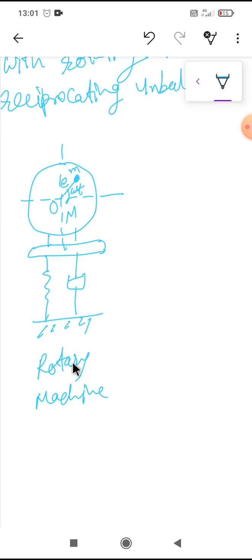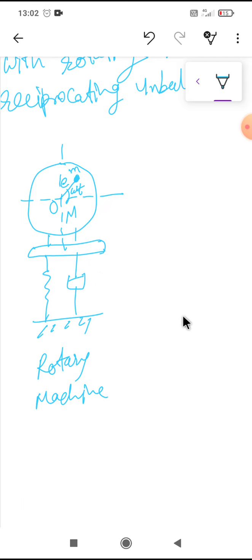Here it shows a rotor of mass m having an eccentricity e and rotating at a speed of omega. The complete machine weight is capital M. The machine is mounted on a spring and damper as shown here. Because of the unbalance, a periodic disturbing force exists, resulting in vibration.